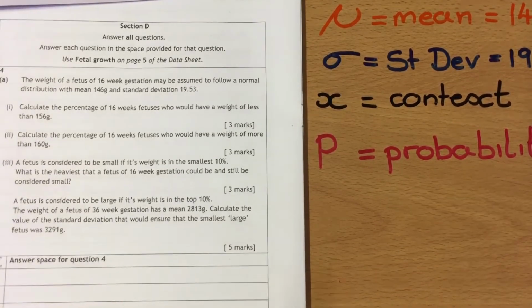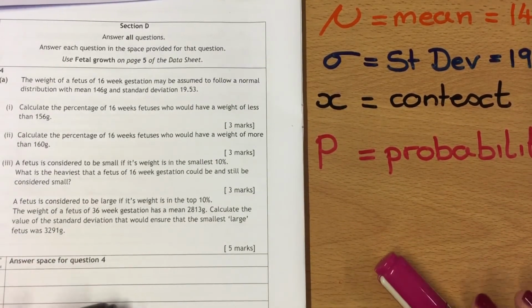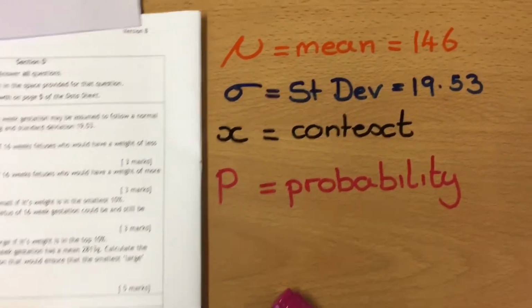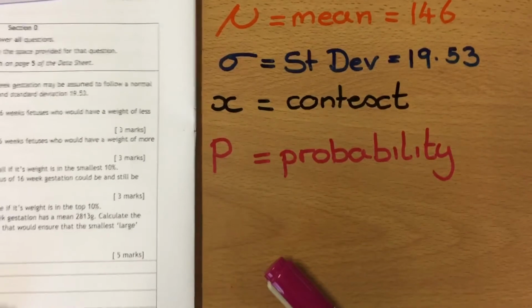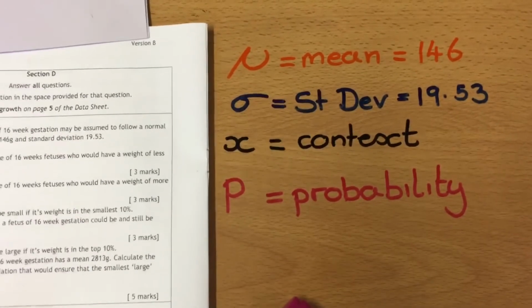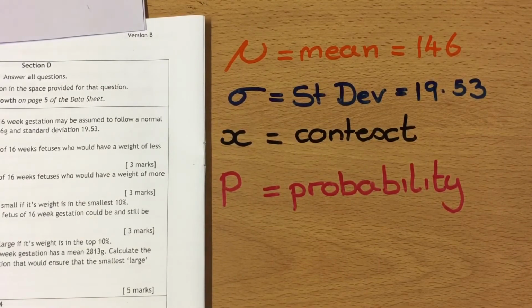So the bit with the context, you are also going to want to know whether it's more than or less than. Okay, so when we know the number in context, we're also going to want to know whether it's more than or less than.